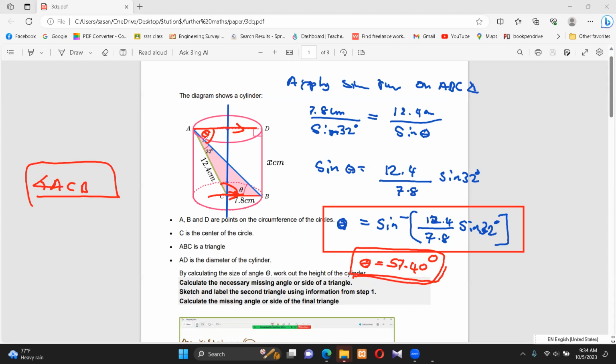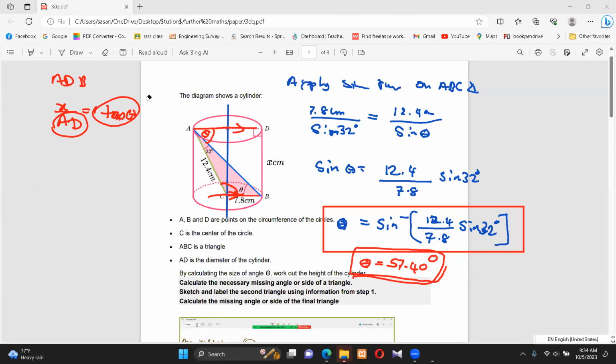So this angle equals theta. By paying attention to triangle ADB, you can say x over AD, right? AD is nothing else but the diameter of that circle. It is given by 7.8 times 2 because it's twice the radius, right?